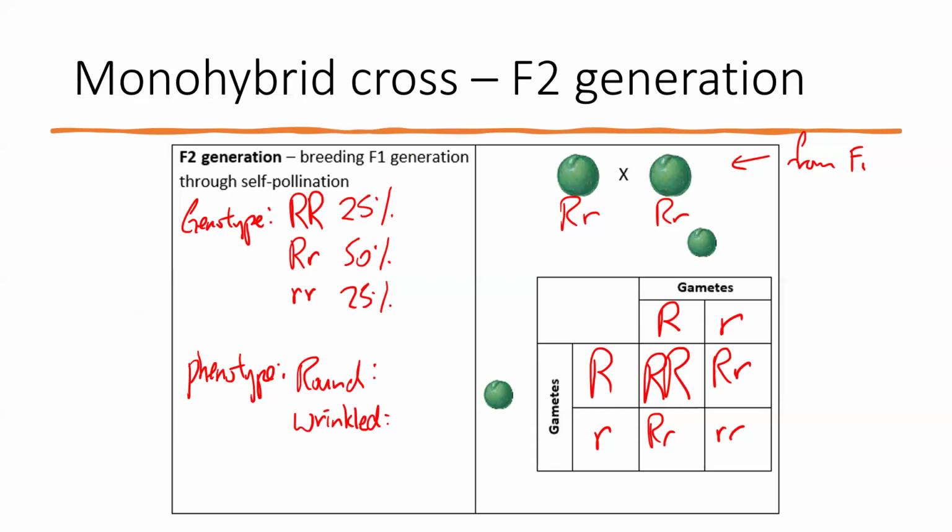Look, that is round, isn't it? That's also round, that's also round. 3 out of 4, which is 75%, which goes back to what I was trying to tell you earlier. If they look the same, it doesn't necessarily mean they have the same genetic makeup. What percent is wrinkled? 25%. You absolutely have to do this on the test, yes.